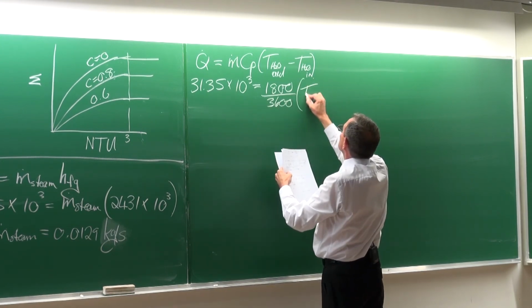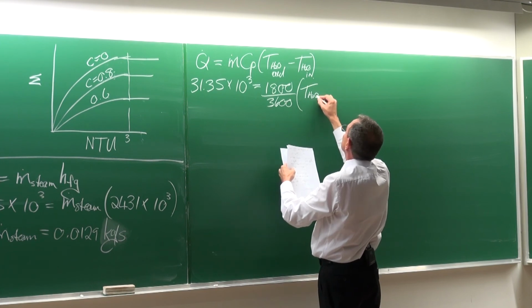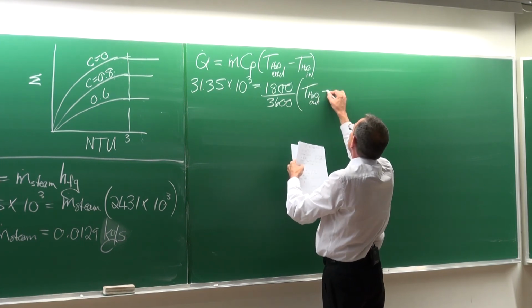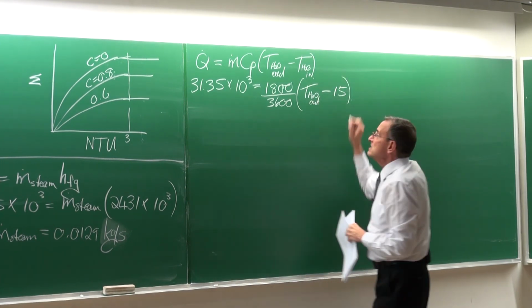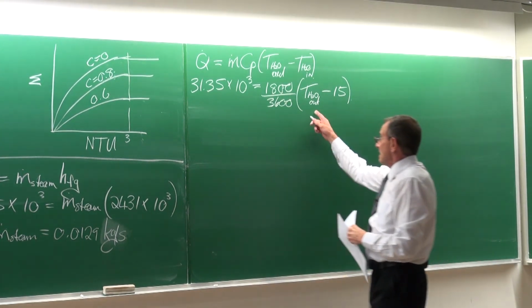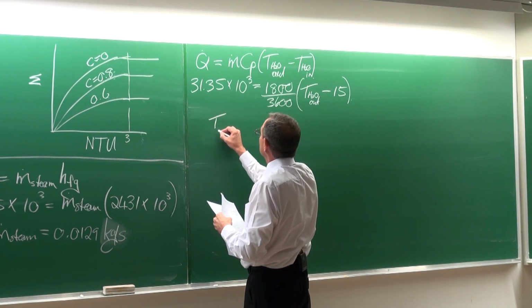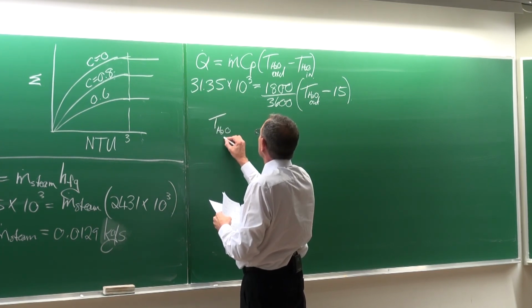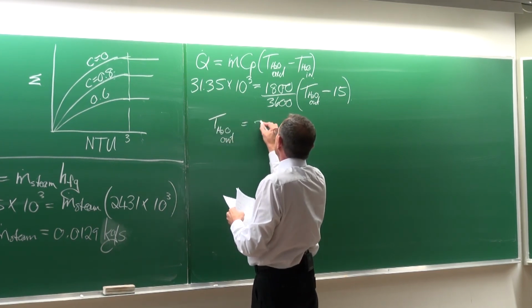The outlet temperature is what we would like to get. Inlet temperature is 15 of the water that is being used to do the condensation, and therefore, guess what? The outlet temperature of the water is 30 degrees.